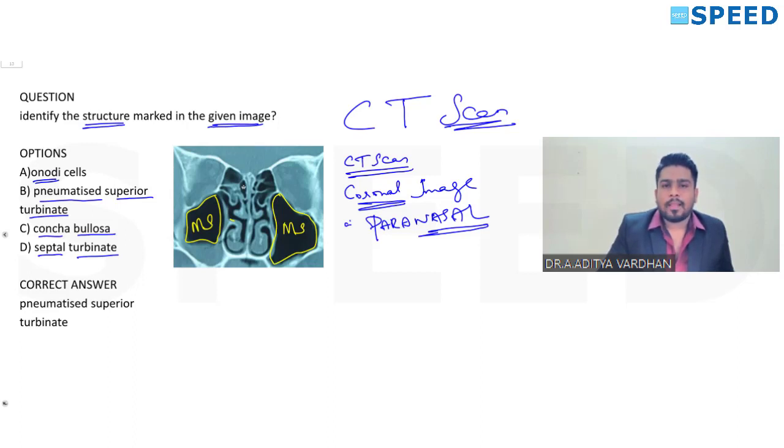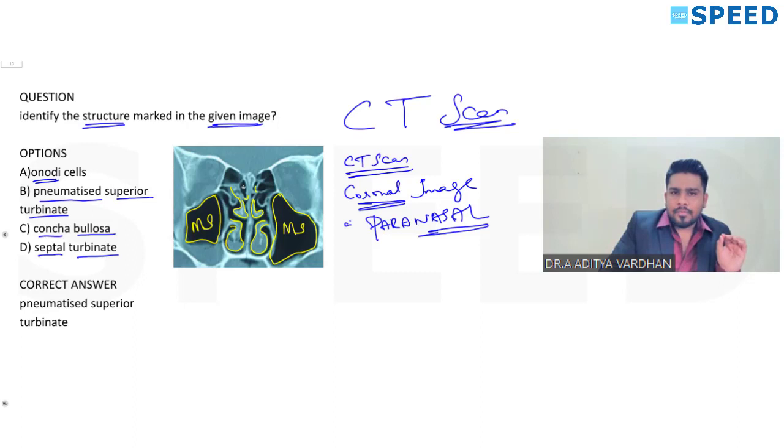These are the bilateral inferior turbinate, and the part above here is the middle turbinate. You should not expect it to be very symmetrical. Each and every human being is different, so it won't be perfectly symmetrical, but these are the parts. And here we are able to see the superior turbinate part.